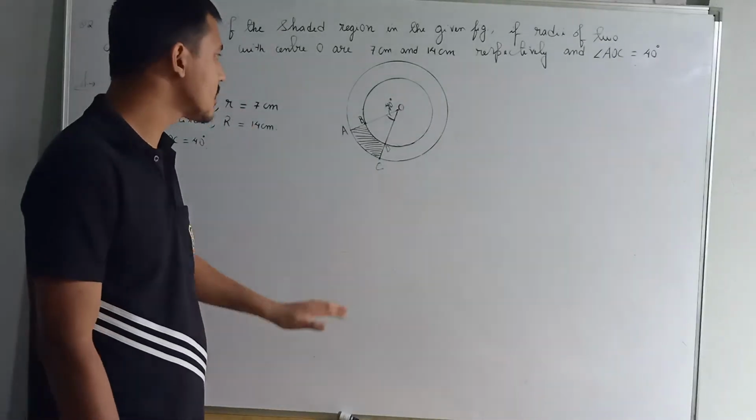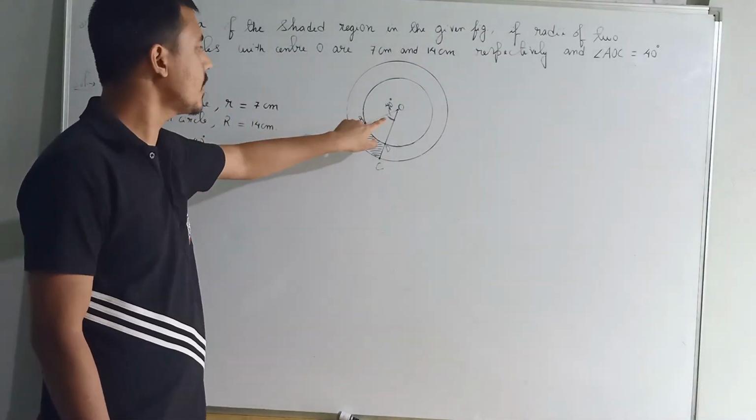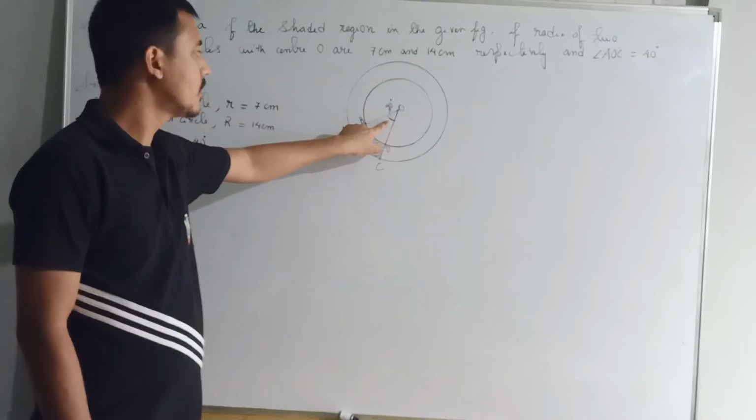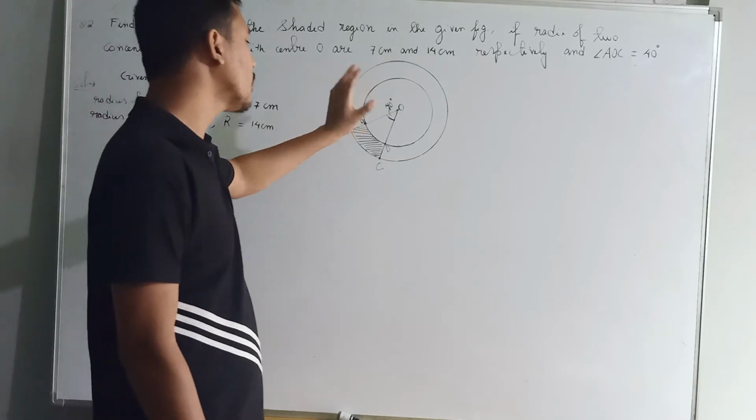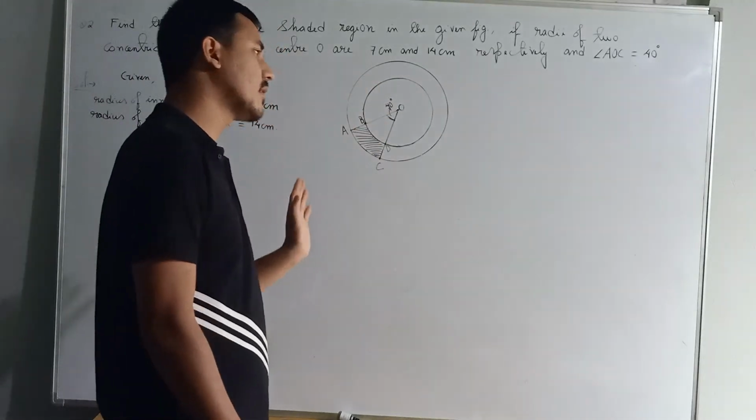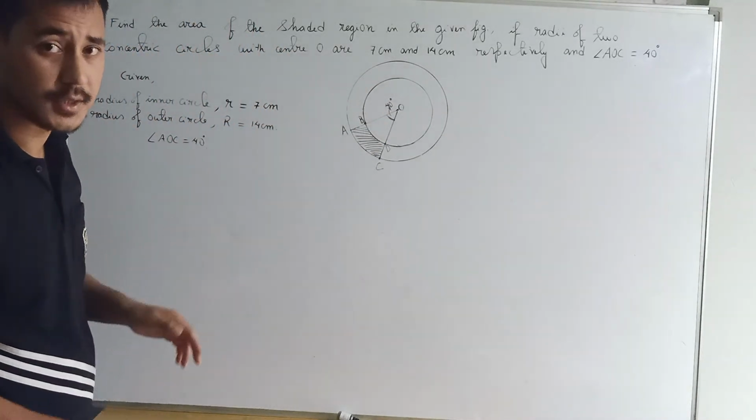Both the sectors subtend the same angle at the center, so the angle of the sector for both will be 40 degrees.